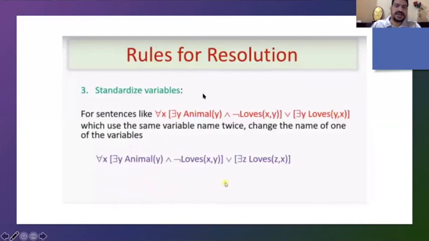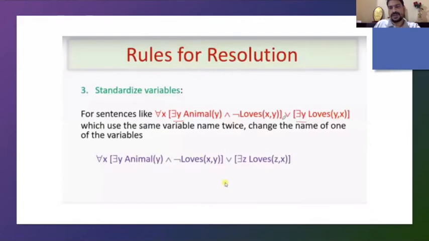Next rule is called standardized variable. Now we may get some situations where the variables inside the clause are similar. Like here we have some y written, and here also some y is written.